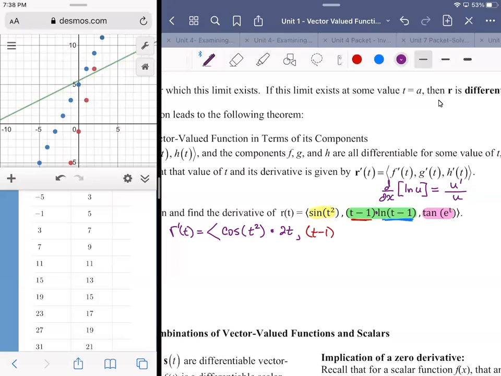That's fine. So first times the derivative of the second, so that would be, well, in this case, with respect to t, so 1 over t minus 1 plus the second, which would be ln of t minus 1 times the derivative of the first, which is just a 1.